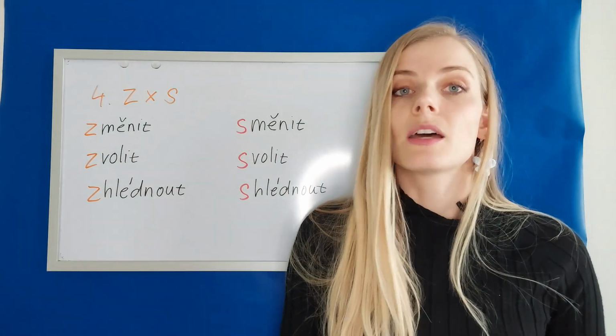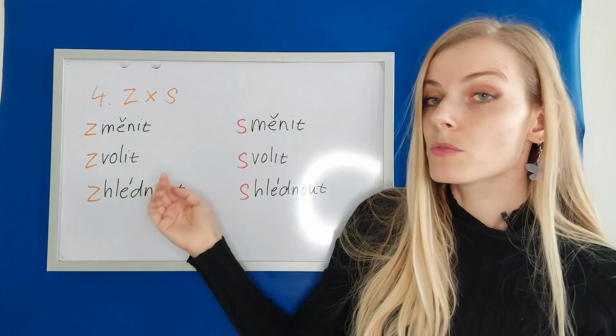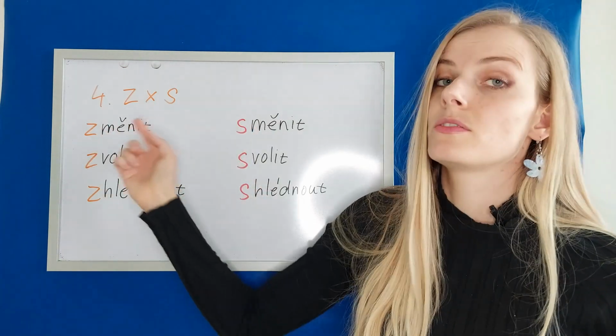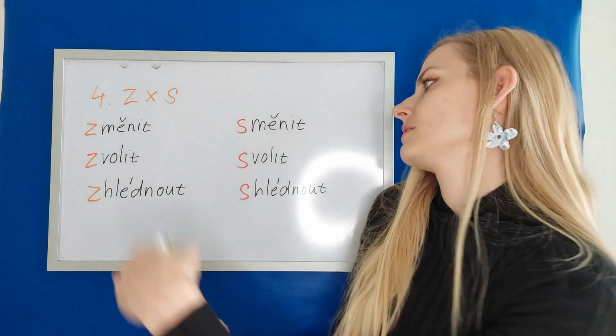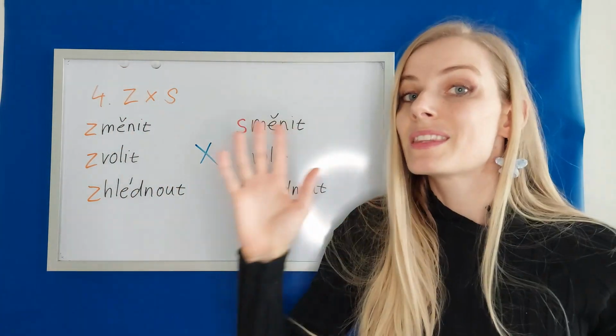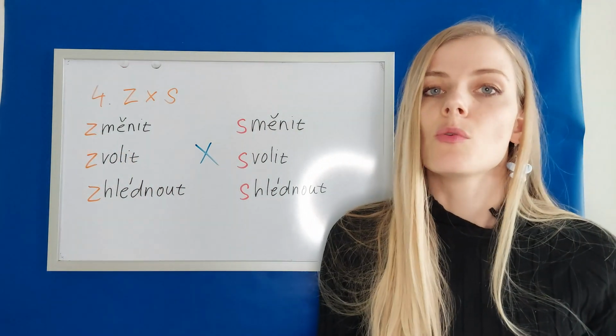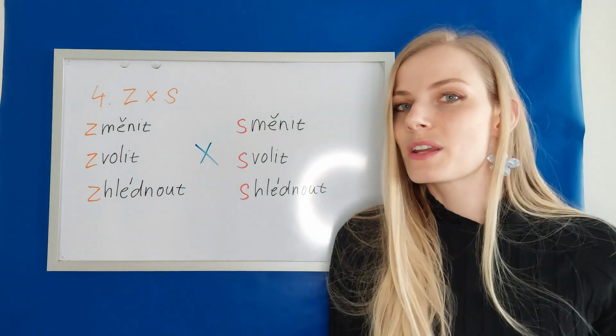I give you examples of homophones, and what I wrote here on the board are verbs that have the same base but a different prefix, and therefore they are different. But these are not homophones, they're actually read differently. I hope you will be able to recognize the difference.